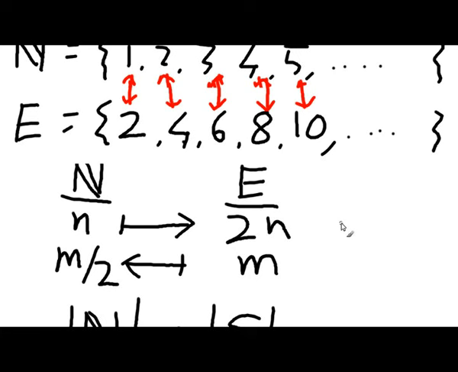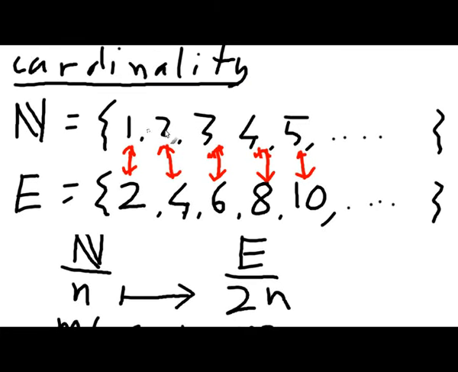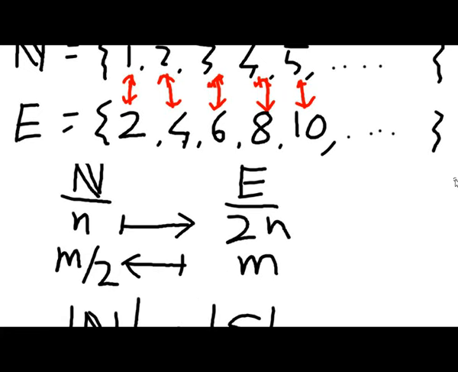And once again, the thing to observe here is that for every natural number, 2 times that natural number exists in the set E, right? And nothing in E is left out in doing that, and no element in E is matched with 2 or more elements in the set of natural numbers, right?